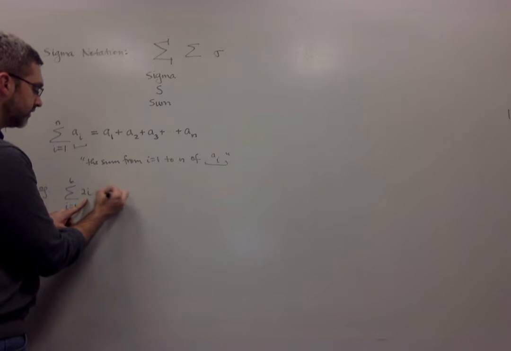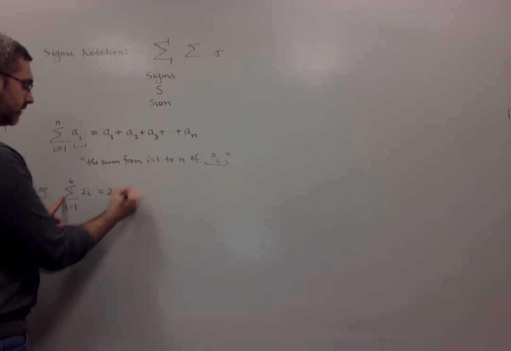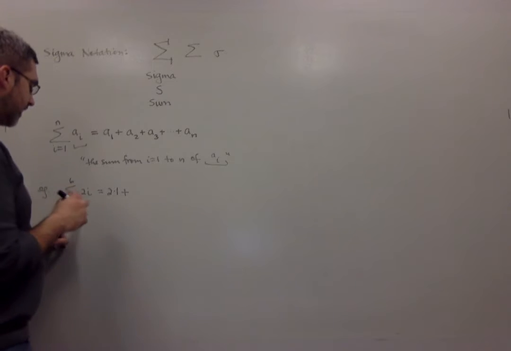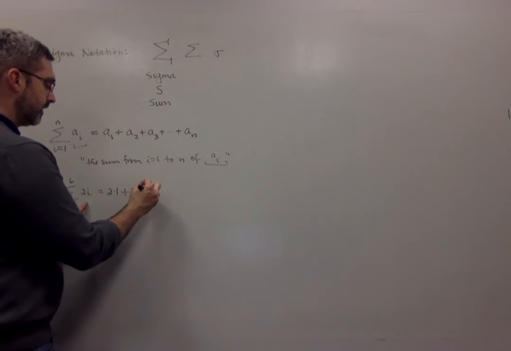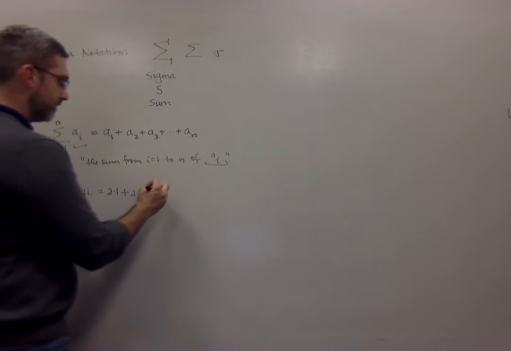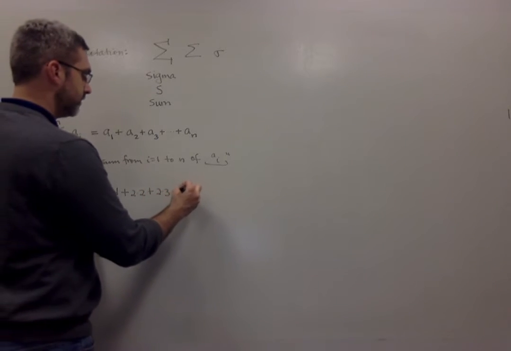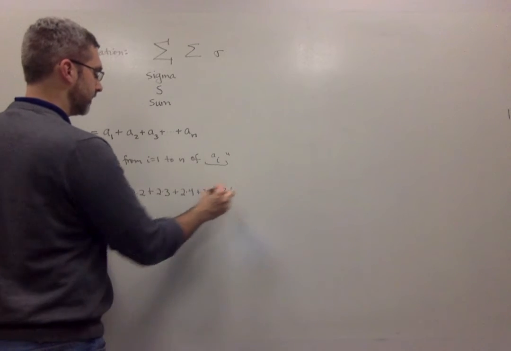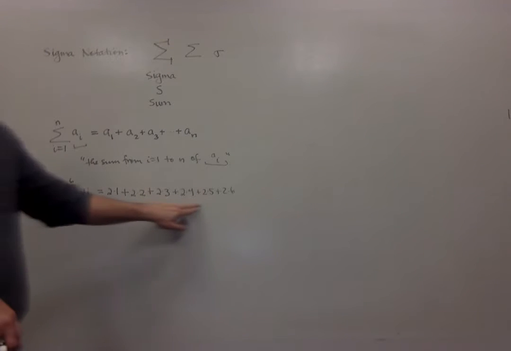So I'm going to do 2 times 1, and then it's a sum, so I need to put a plus. Then I'm going to increment that i up by 1, so now it's 2 times 2 instead of 2 times 1, plus, let's go up by 1, 2 times 3, plus 2 times 4, plus 2 times 5, plus 2 times 6. Okay, so this notation is a compact way of writing this long sum.